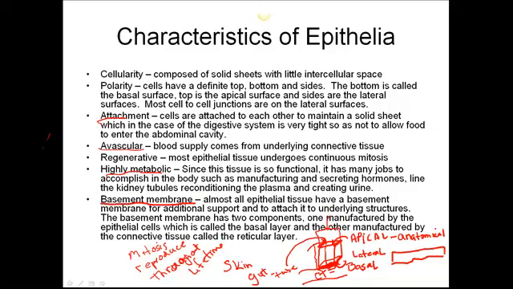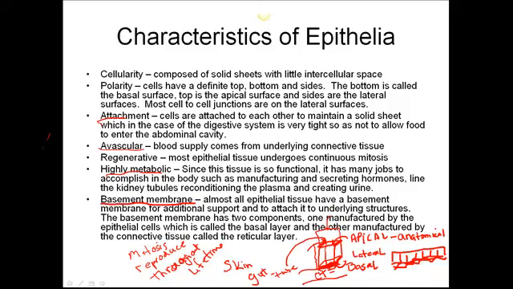If this is a row of cells, then these cells will secrete this protein, which is sort of like thread here. Okay, and then the connective tissue down here creates another set of proteins that are like threads, and it ties these two layers together.